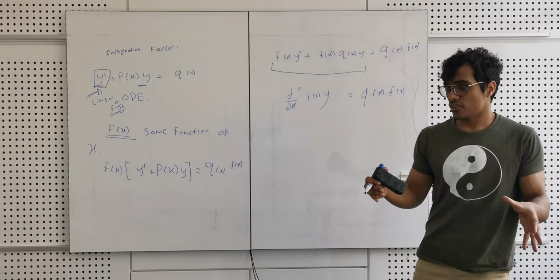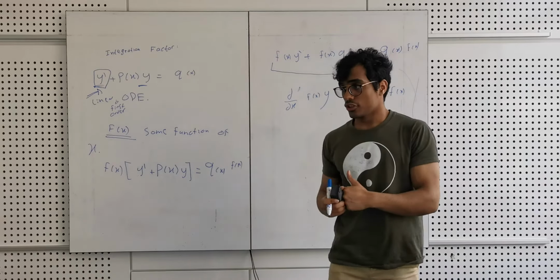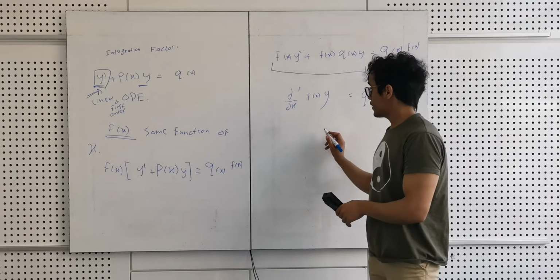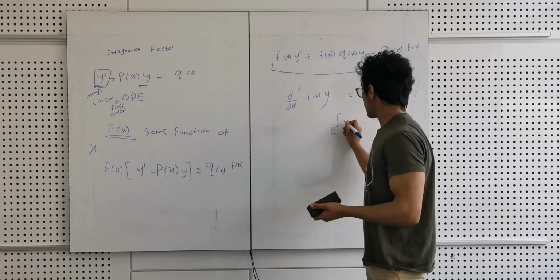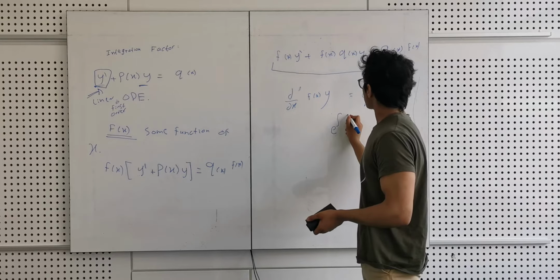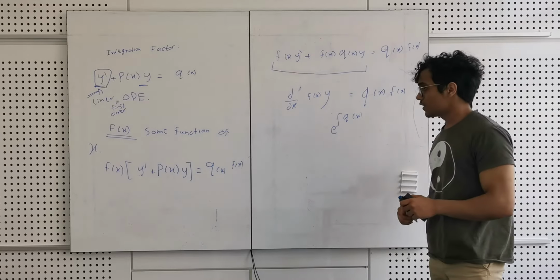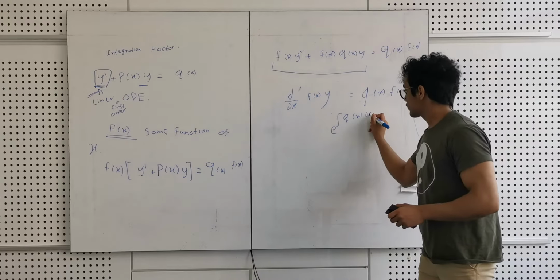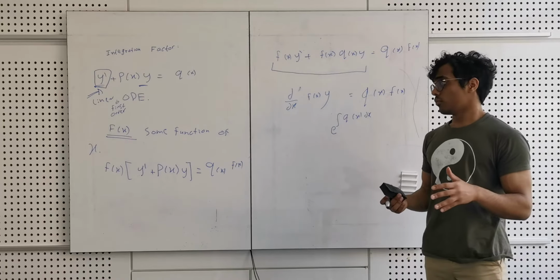It's going to stay the same function, but it will be multiplied by another function. So the first guess is it's going to be e to the power of an integral of q of x dx.